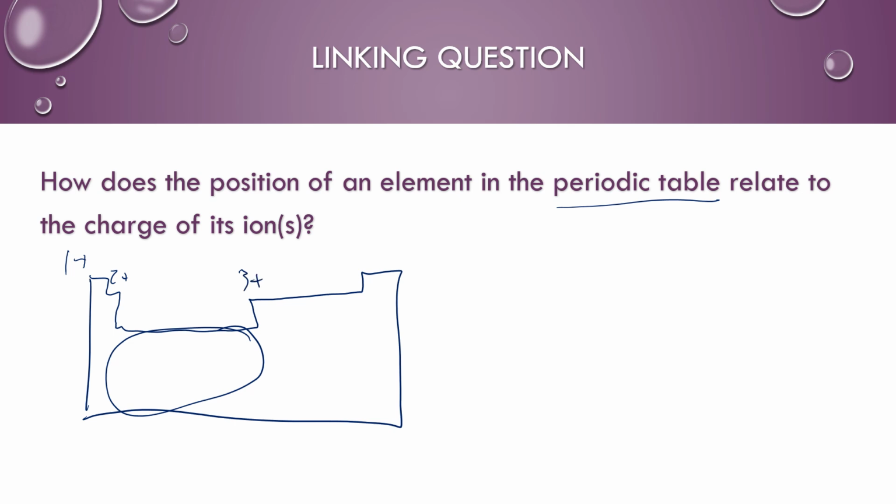Group 14 can be + or -4 depending on the context, although it's not very likely to form ions at all. And then group 15 picks up 3 negative, 2 negative, and then 1 negative for the halogens. The noble gases don't tend to form ions at all. So you can use that position to very quickly figure out the charge on an ion.